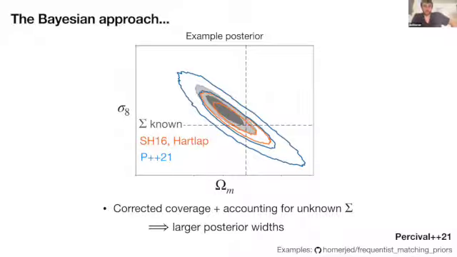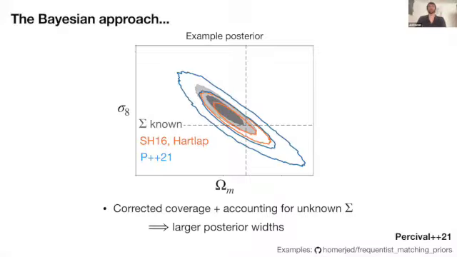So yeah, in practice, there's a very nice paper by Will Percival and other authors from 2021, and they basically derive a correction to the posterior accounting for the noise in the data covariance and its scatter around the true data covariance under the assumption of Gaussian distributed data. Basically what they derive is a correction to the coverage that accounts for this unknown data covariance.